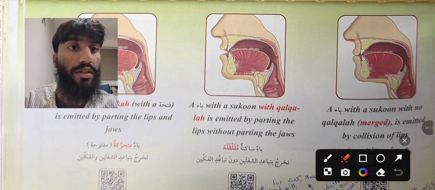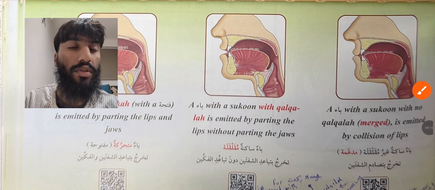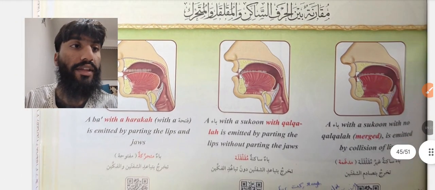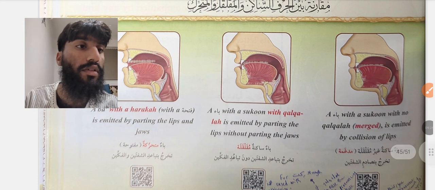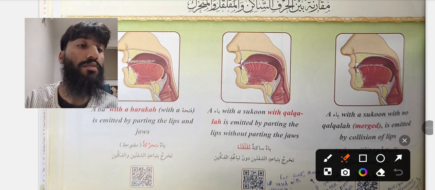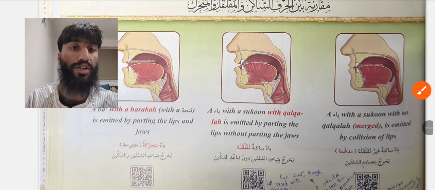It's not separated to be a big shape. It's very small compared to the open mouth there. Then you have no qalqala at all, only collision, because it's only sukoon with no qalqala. That's fully collided, full collision.